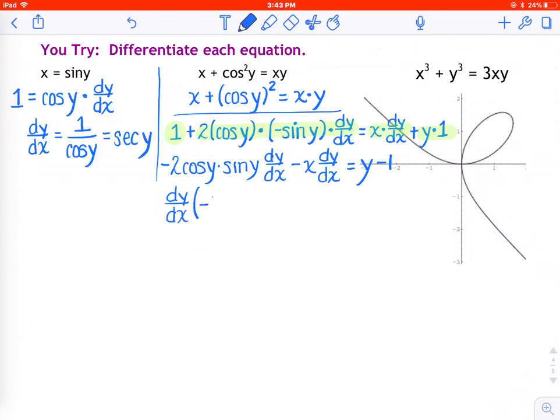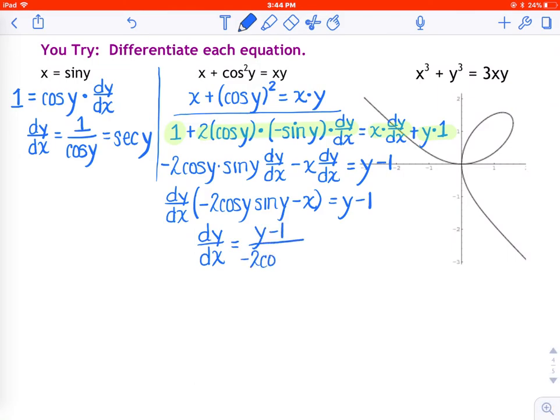So I'm going to have negative 2 cosine y sine y minus x equals y minus 1. Solving then, my derivative is dy dx. On the other side, y minus 1 divided by the quantity negative 2 cosine y sine y minus x.